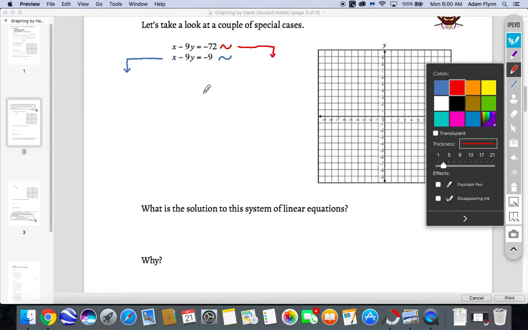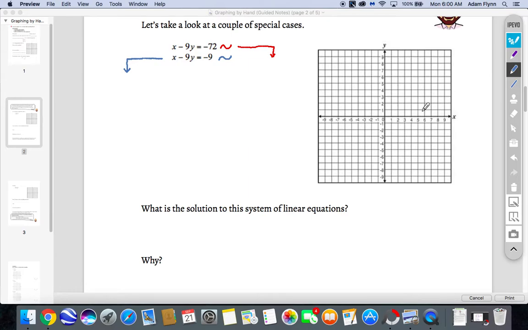Both of those are in standard form. When the x and y are on the same side of the equal sign, that means they are in standard form. And as I said, you could have different methods of graphing lines depending on which form they are in. But I've always tried to put them into slope-intercept form before I graph them.